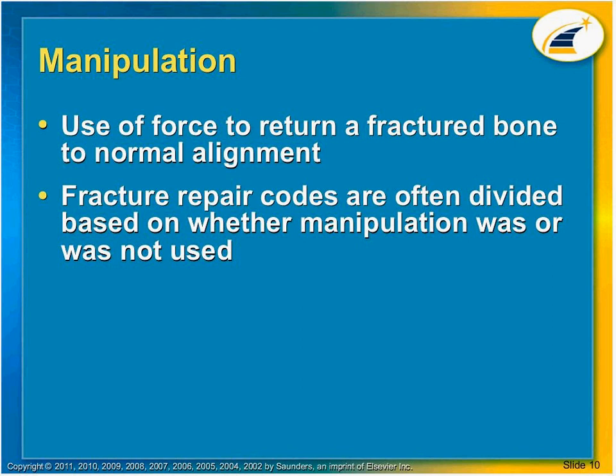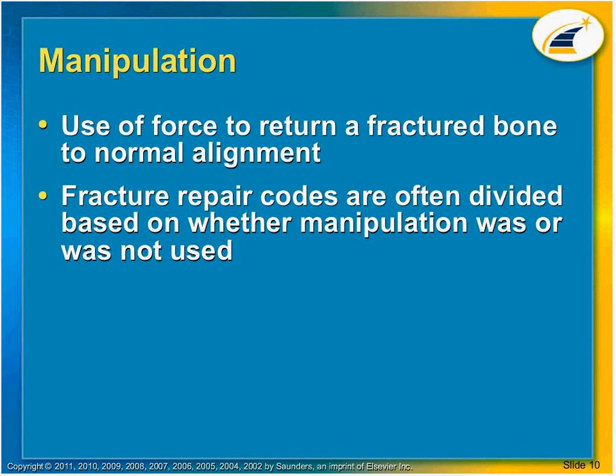Manipulation is a reduction, an attempt to maneuver the bone back into proper alignment by bending it, rotating, pulling, or guiding the bone, and that is usually done by the provider's hands. If you've ever watched an action movie and you see the person that dislocates their shoulder and someone comes behind them and yanks or pulls their arm or their shoulder back in place, that's what you'll think about when you're thinking about manipulation.